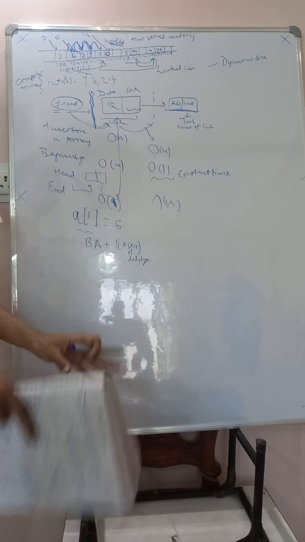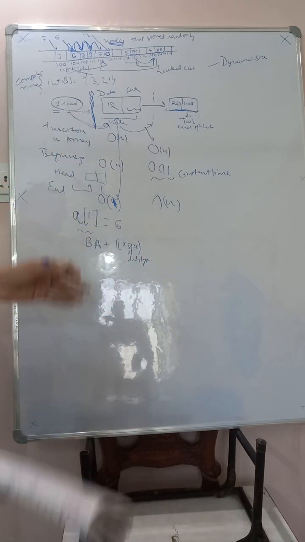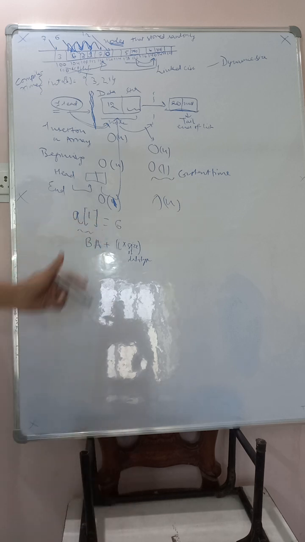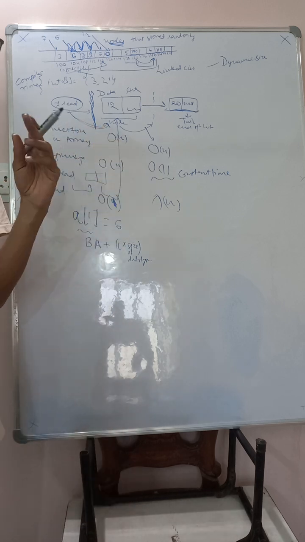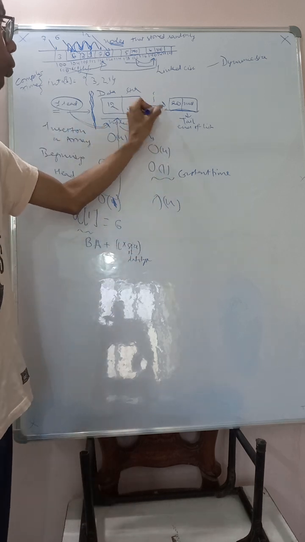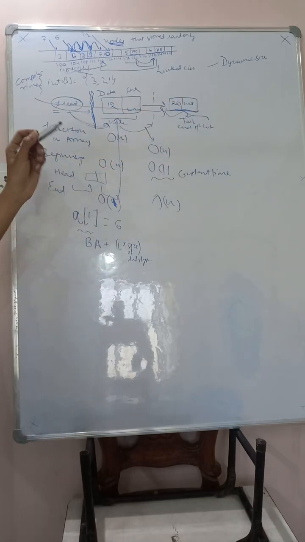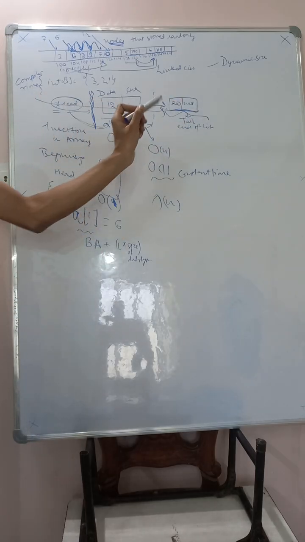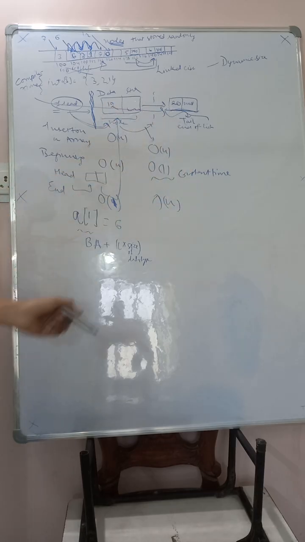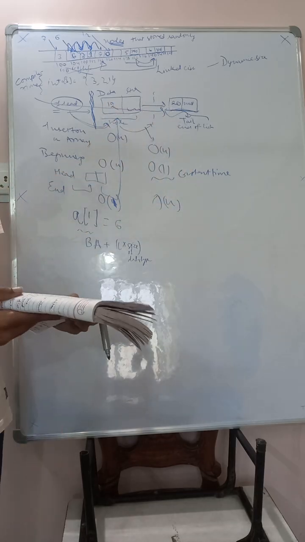Now random access is not possible in linked list, because for accessing any node you have to traverse first. You have to access every node, then you will be able to access the node where you want to go, right?